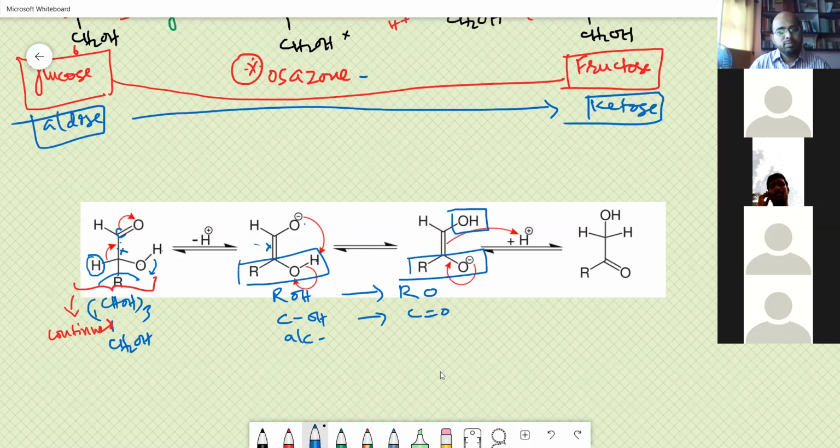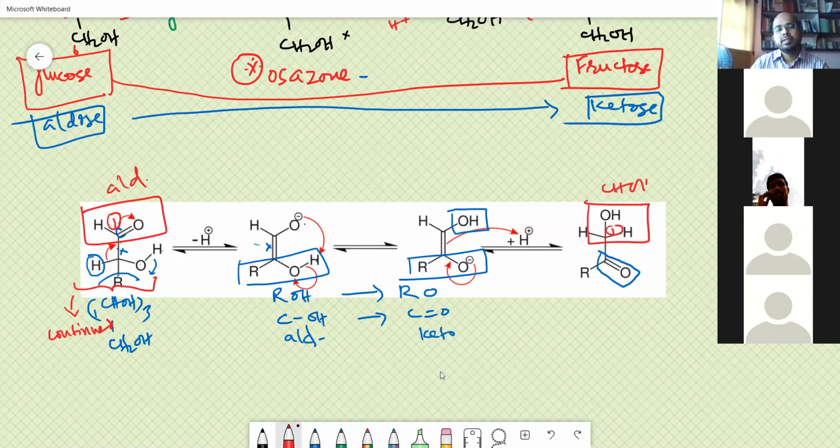Okay, alcoholic group means it is a kind of aldehyde group. This is an aldehyde group. This is a ketone. And then in the presence of H plus, it gives you the CHOH and the ketomeric form. Okay, so you started with the first carbon atom being aldehyde, and you ended with the first carbon atom as CHOH, whereas the second carbon atom is ketone.